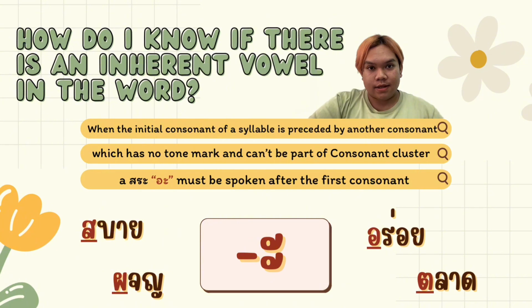When the initial consonant of a syllable is preceded by another consonant which has no tone mark and cannot be part of a consonant cluster with the second consonant, สระอะ must be spoken after the first consonant.